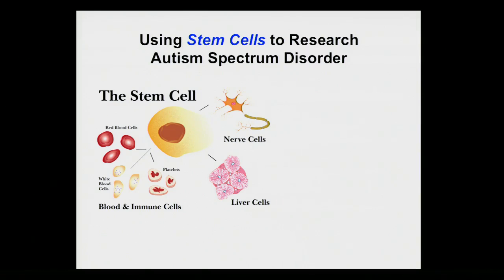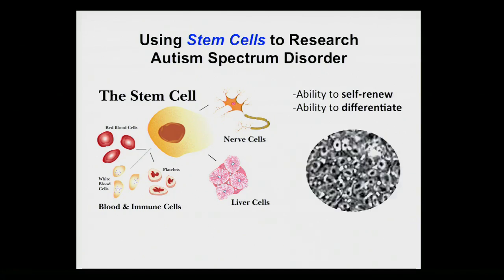We call that self-renewal ability. And stem cells also have the ability to make potentially all the cells in our body. We call that the ability to differentiate. And that's how they look under the microscope. They're very tiny and they grow together in colonies.